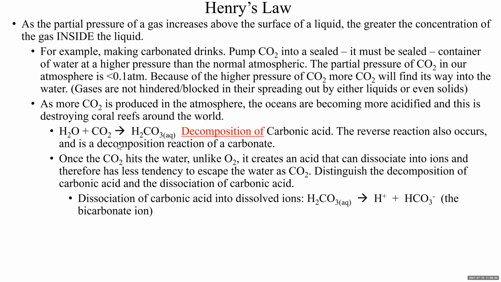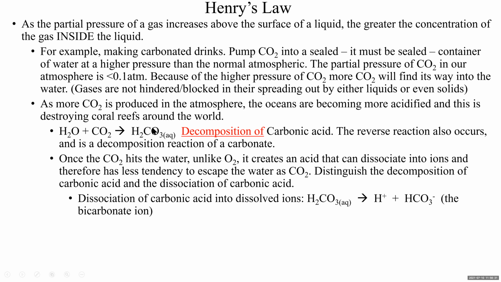As more carbon dioxide is produced in our atmosphere, and again, CO2 is one of our major greenhouse gases, the oceans are becoming more acidified, and this is destroying coral reefs. They start to turn white, they lose their color. Basically, this is because of the acid that gets produced. As more carbon dioxide enters the oceans, you start to generate more carbonic acid.